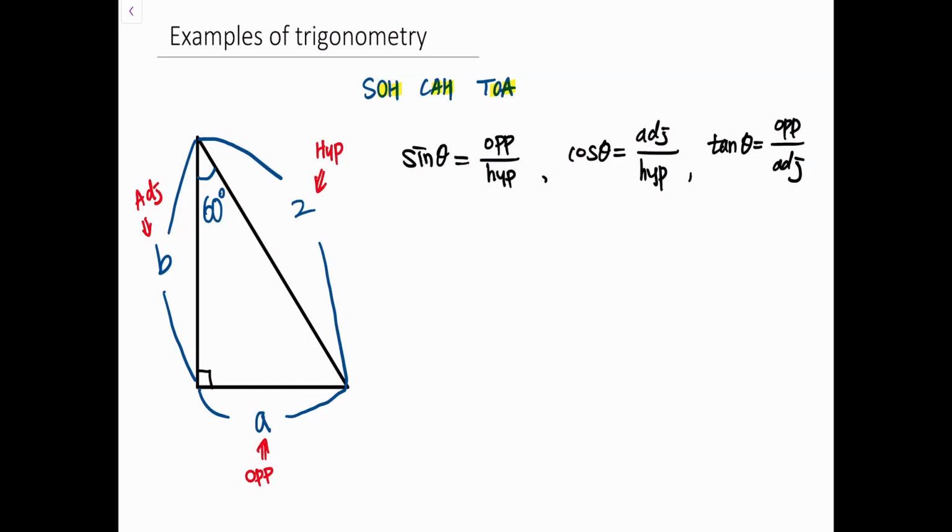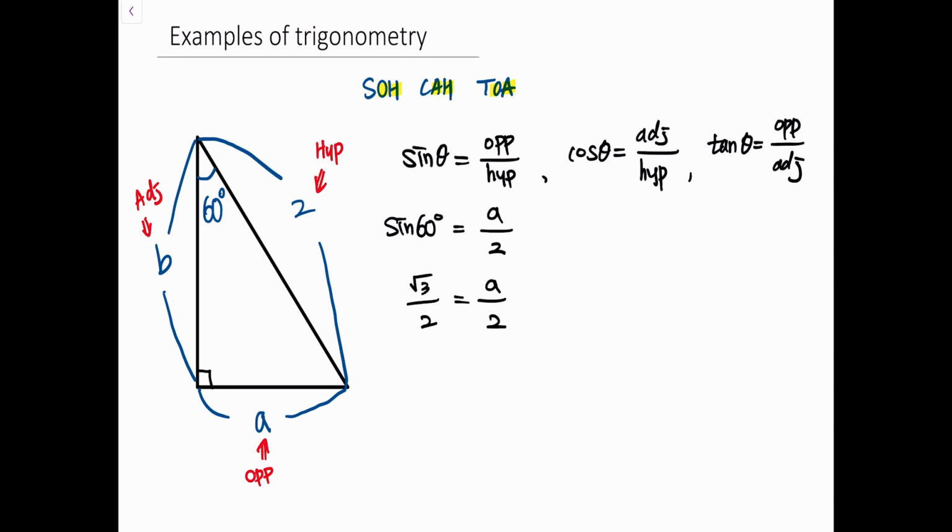Sine 60 is opposite over hypotenuse, and is A over 2. Sine 60 value is square root of 3 over 2, which is about 0.8660, but we keep them as a fraction as those decimals are rounded values.